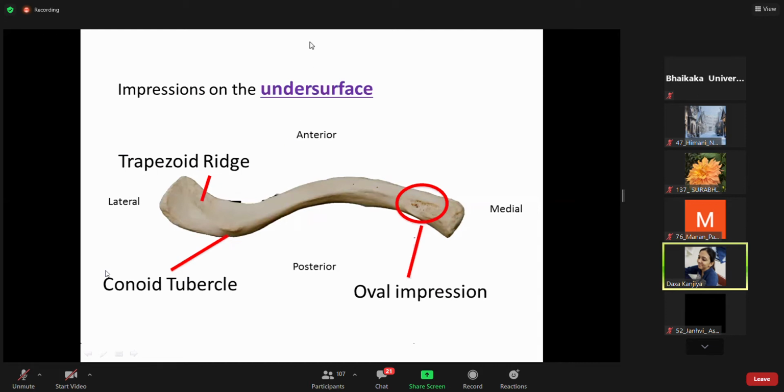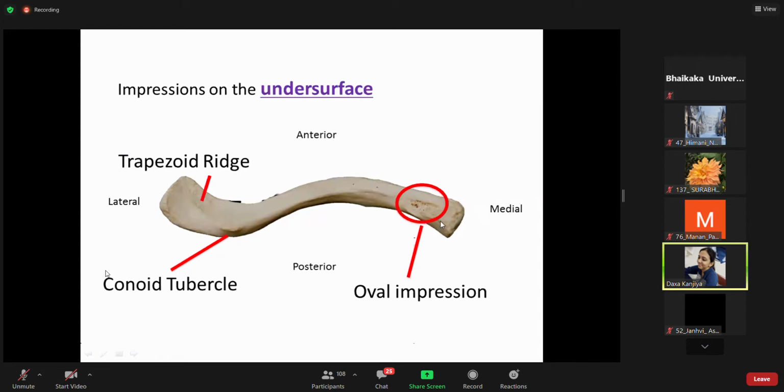This conoid tubercle and trapezoid ridge give the attachment of which ligament? Yes, the two different parts of the coracoclavicular ligament, extending from the coracoid process of the scapula to the clavicle.